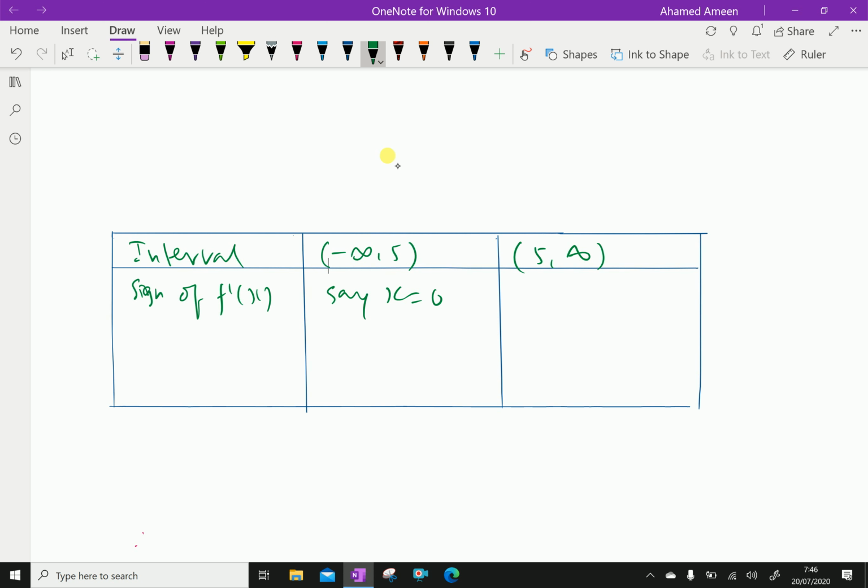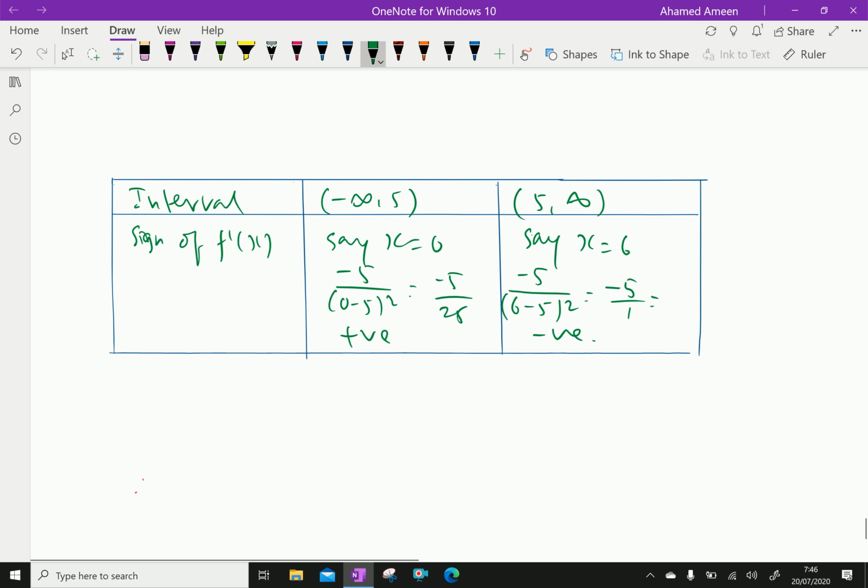Then we substitute in f dash of x, minus 5 over 0 minus 5 square, equal to minus 5 over 25, which is a negative sign. And for 5 to infinity, say x equal to 6, we substitute in f dash of x, minus 5 over 6 minus 5 the square, equal to minus 5 over 1, which is a negative sign.